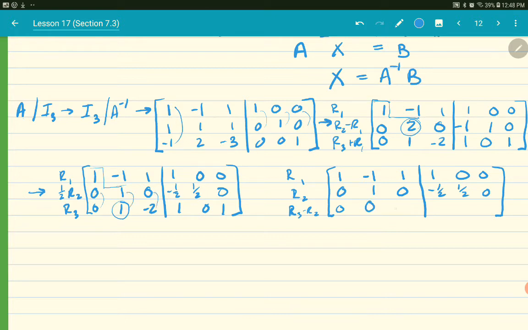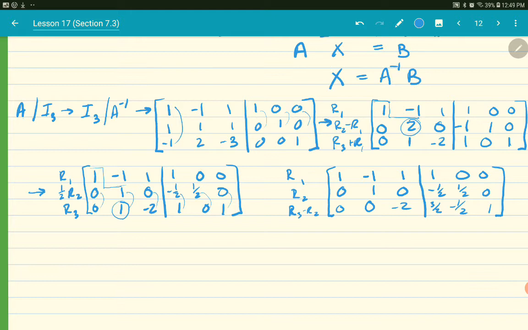Negative 2 minus 0, I get negative 2. 1 minus 1/2 is 1 plus 1/2, which is 3/2. Oh, I'm sorry, I'm subtracting. 0 minus 1/2, sorry. It was negative 1/2. And then 1 minus 0 gives me 1.